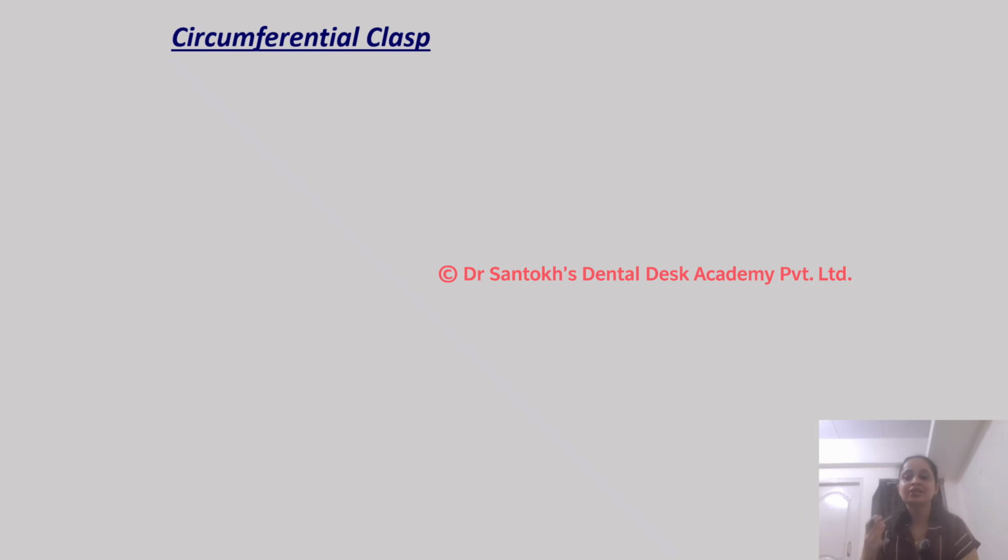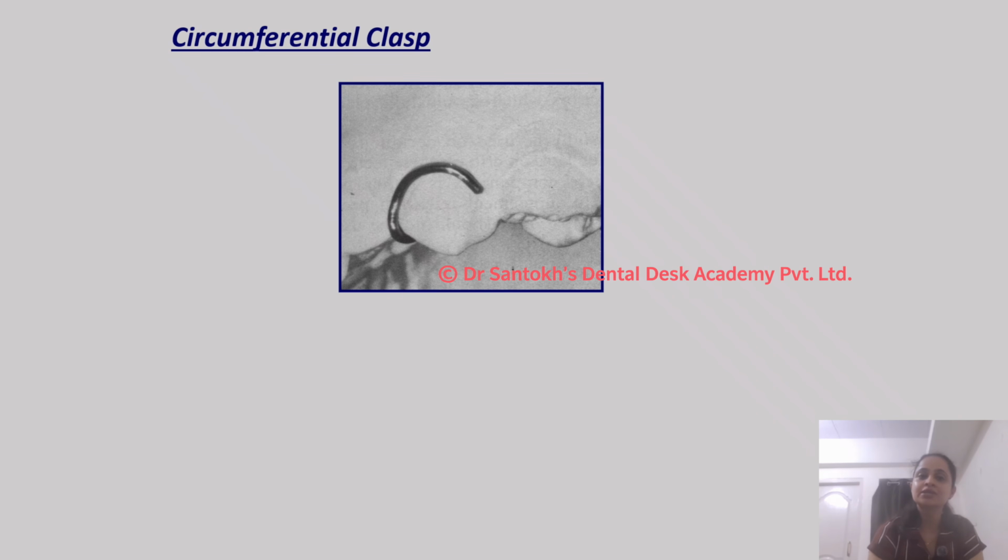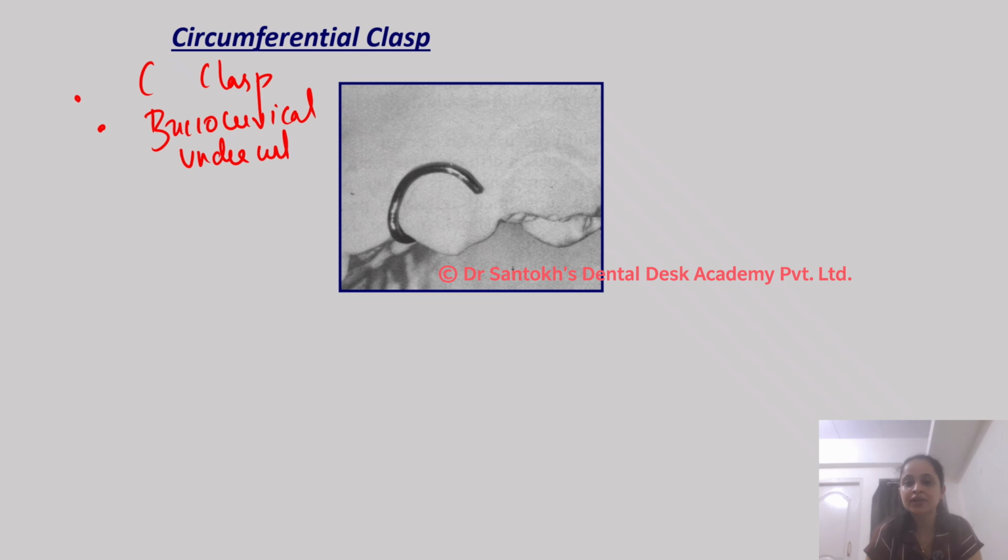So we will see various types of clasps which are used for retention. Just identify which are the clasps and what are the diagrams associated with them, because sometimes they can ask this as a diagrammatic question. Okay, so the circumferential clasp, also known as the C clasp, is used to engage the buccocervical undercut. So the circumferential clasp can be used as a retentive component.